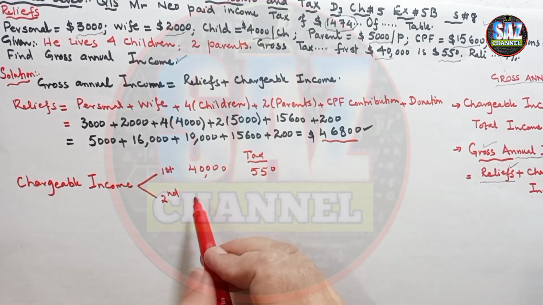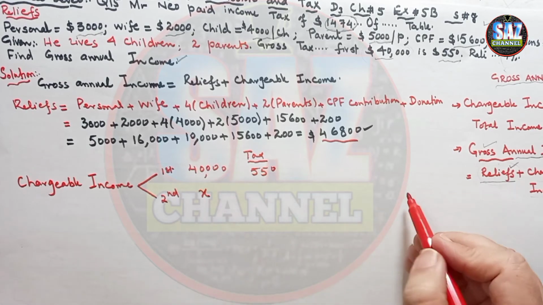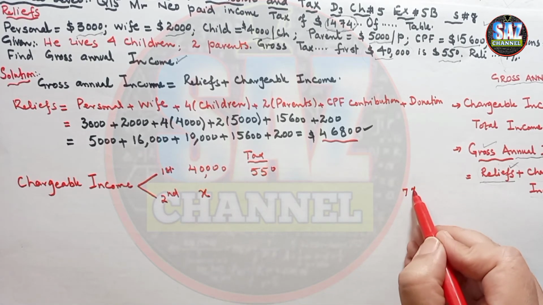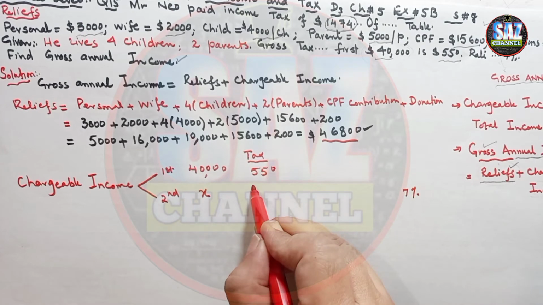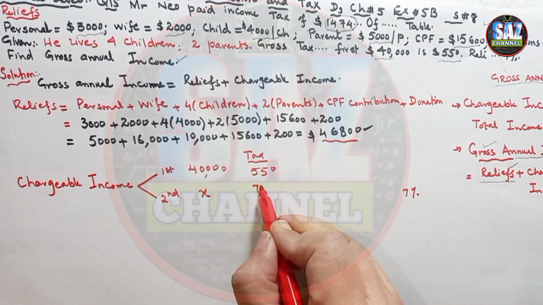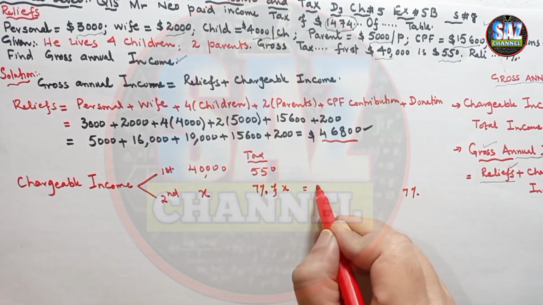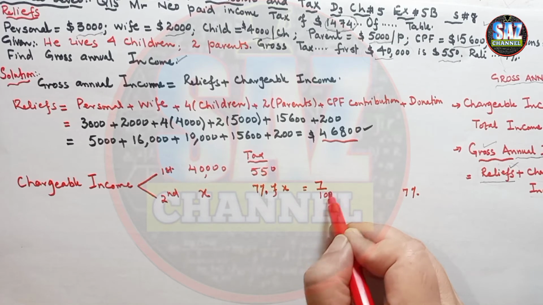Second income is not given to us, on which he is paying 7% tax. So it can be written in the form 7% of x, or we can write it 7 over 100x.